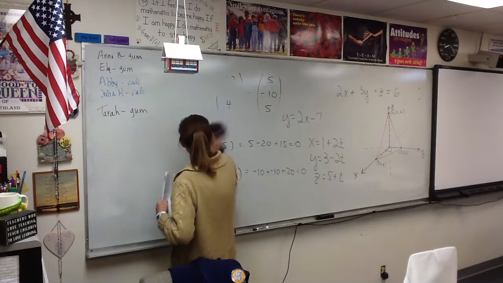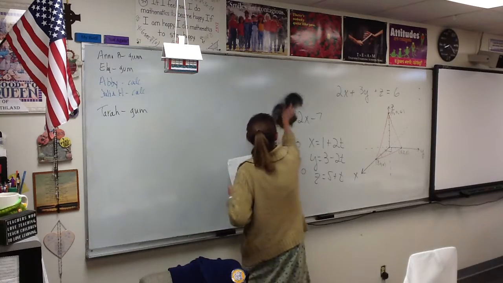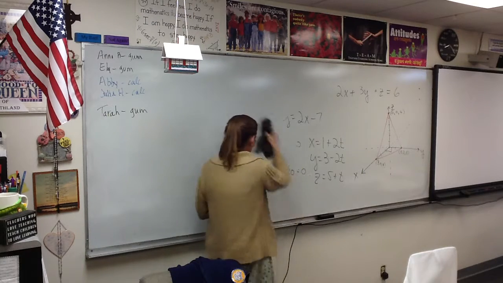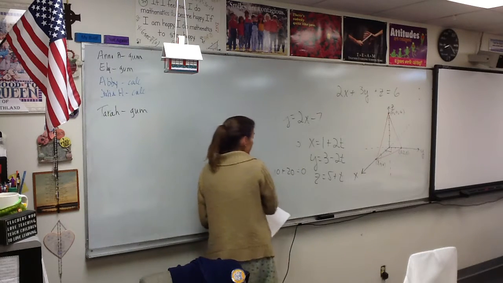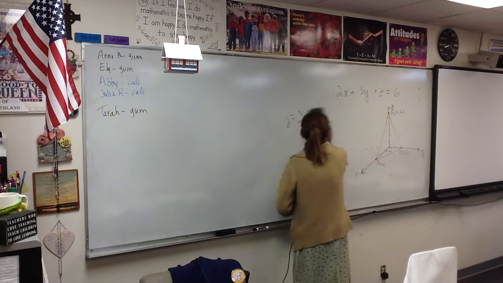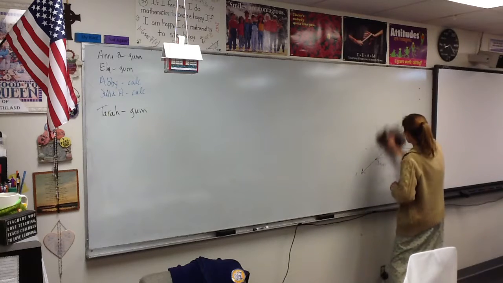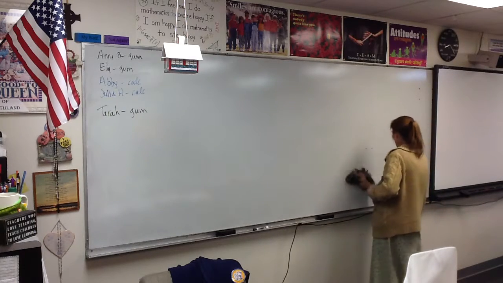Does anybody feel confident in coming up maybe and putting number 1 on the board here? And then somebody else coming over here and putting number 2 on the board? Anybody feel confident doing that while the rest of us do it at our seats?